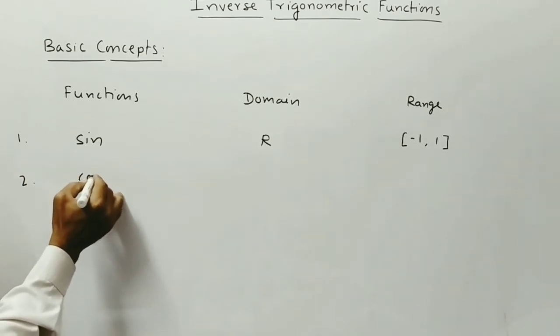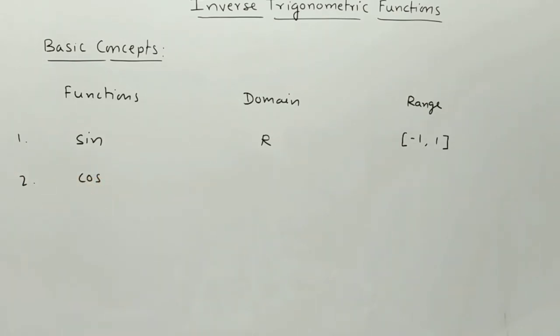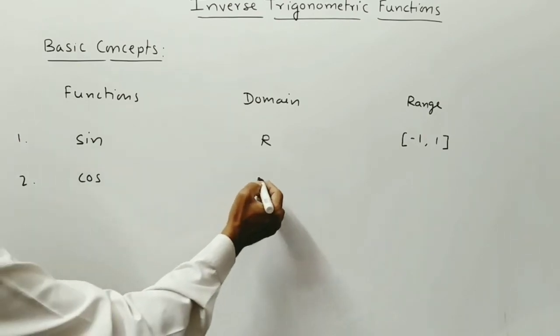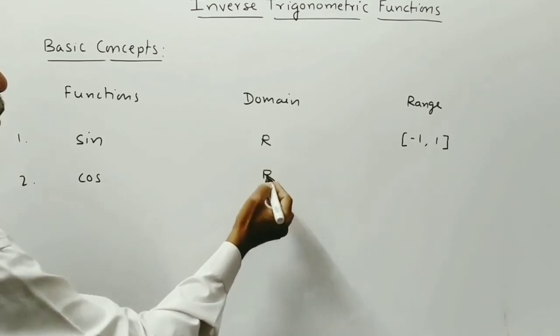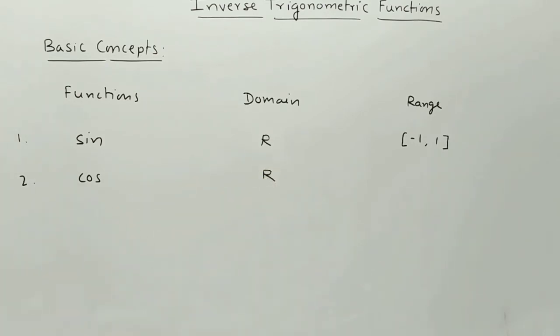Cosine function also defined for all real numbers. Therefore, domain is set of real numbers, that is R. And what about range?